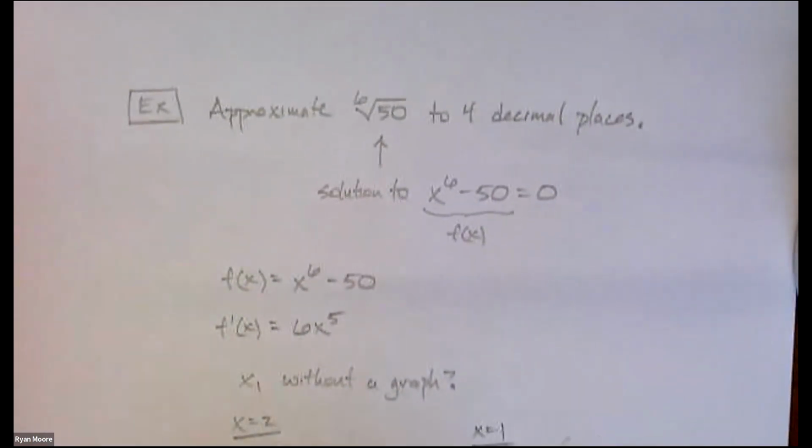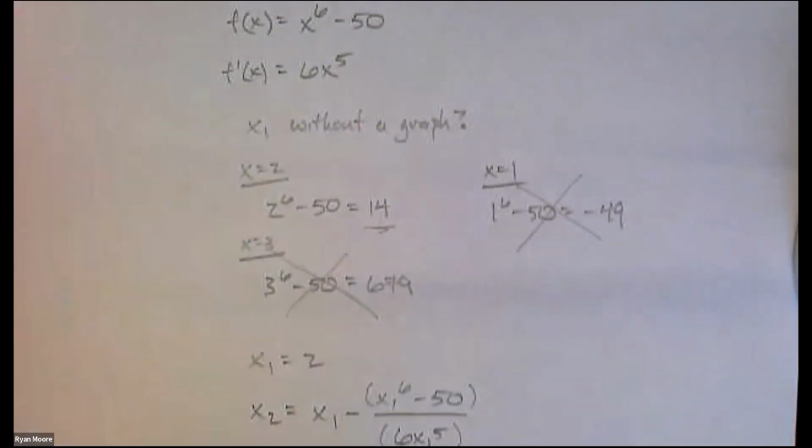So we can find interesting approximations like that. We can solve any equation, in the sense that we can get an approximation for the solution, so long as we know how to take a derivative. Pretty powerful. Okay. Hey, that's it for Newton's method and 4.8.